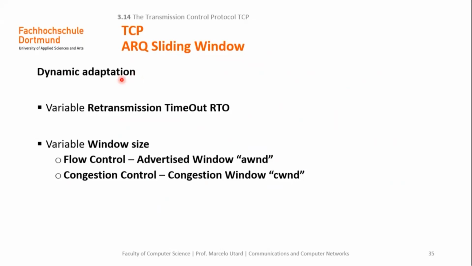Then there are typically two parameters that are variable. One is the retransmission timeout, RTO, and the other is the window size.